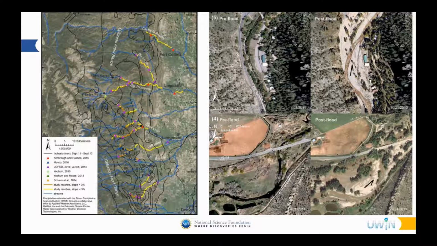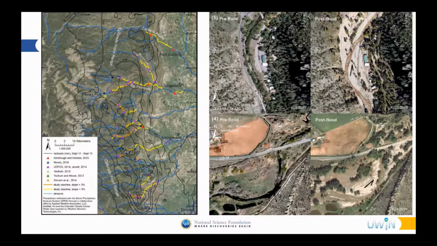To make a long story short, we looked at over 500 stream segments, over 220 some odd kilometers of channel, and you see a map on the left there, and then on the right there's a couple of contrasting photos.